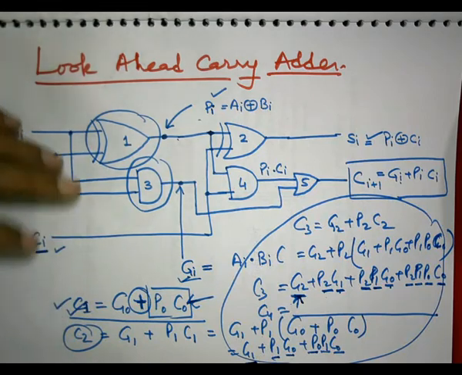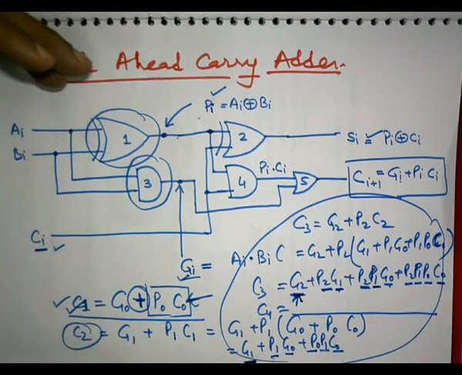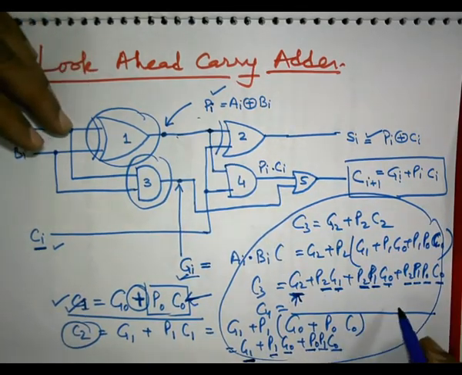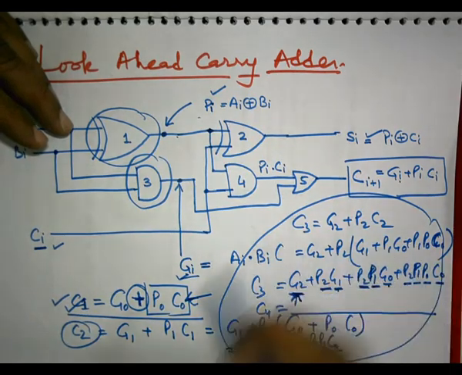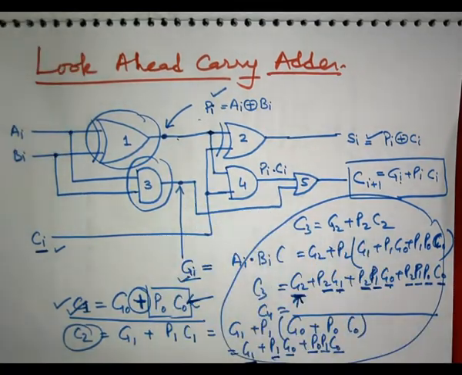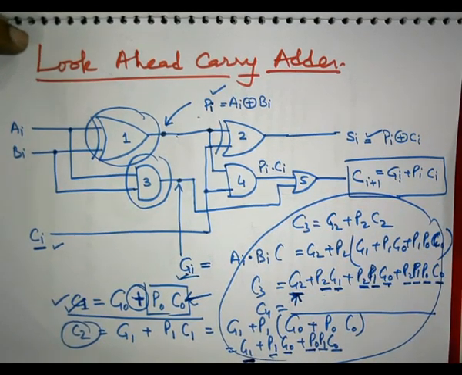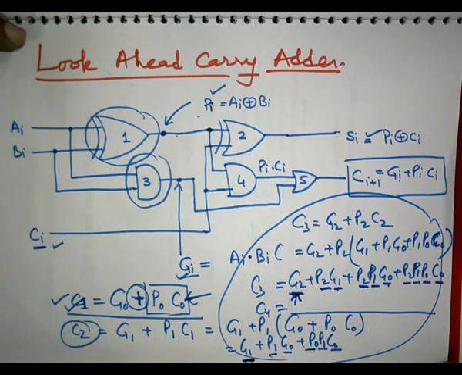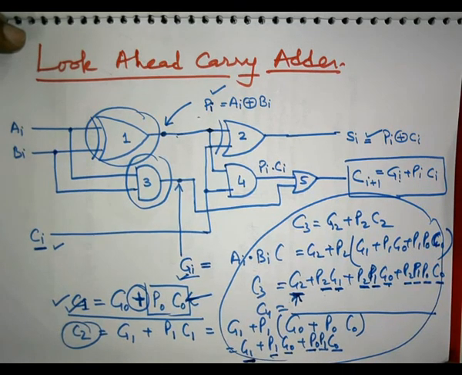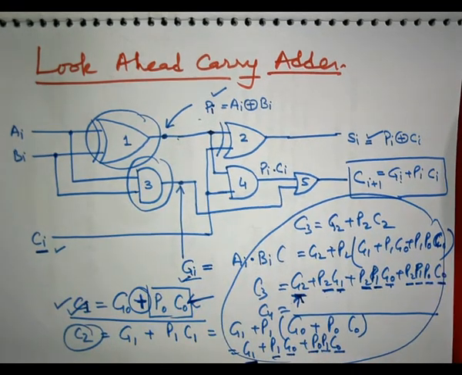Suppose you have to design a 64-bit adder. As you increase the number of bits, this generate and propagate circuitry becomes more and more complex. So this circuit, at one end, gives us a little bit of benefit, but at the other end it is harmful for your power consumption.